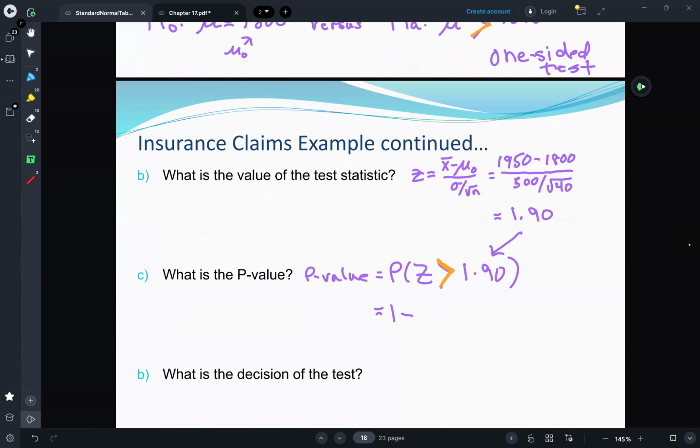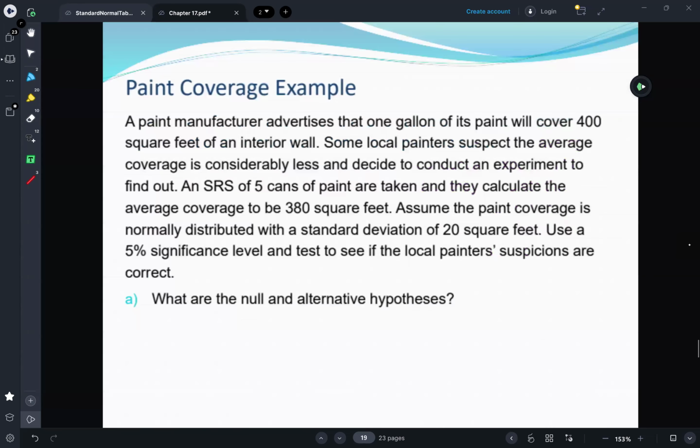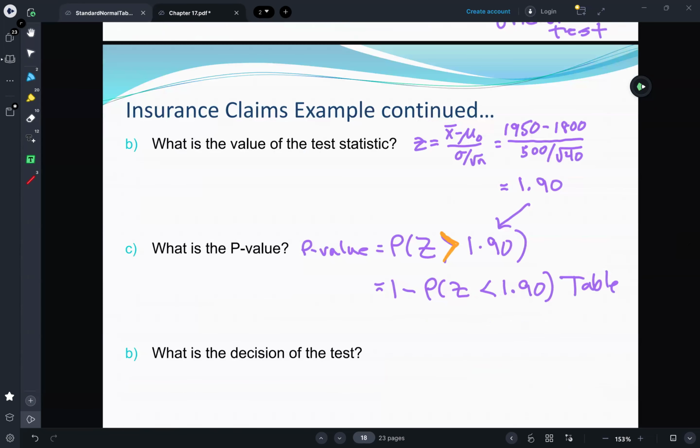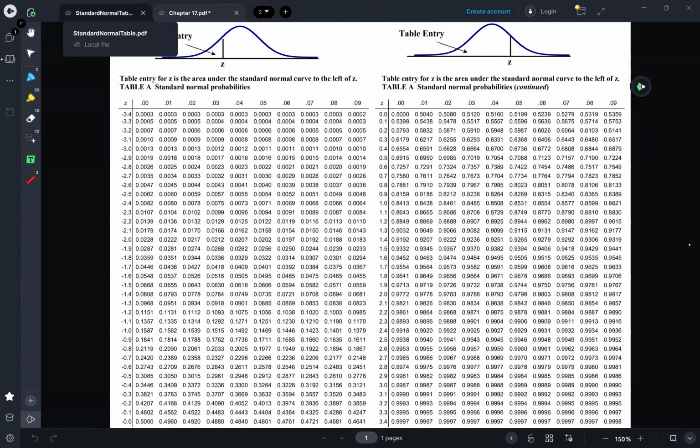And then we know how to do this from before. It's 1 subtract the probability that Z is less than 1.90. We get the table and we subtract that. So we'll look up 1.9. Let's see if we can find 1.9 in here.